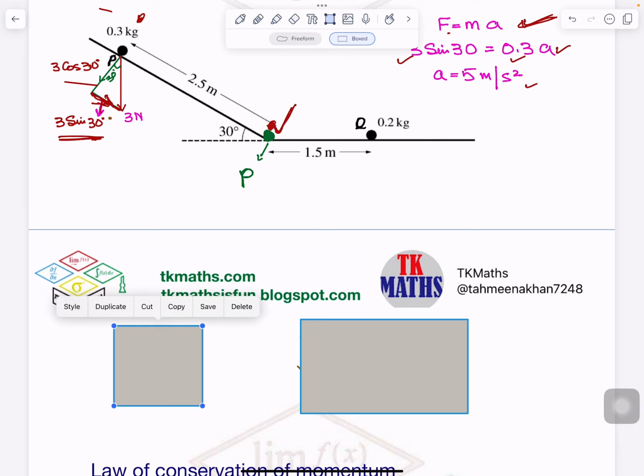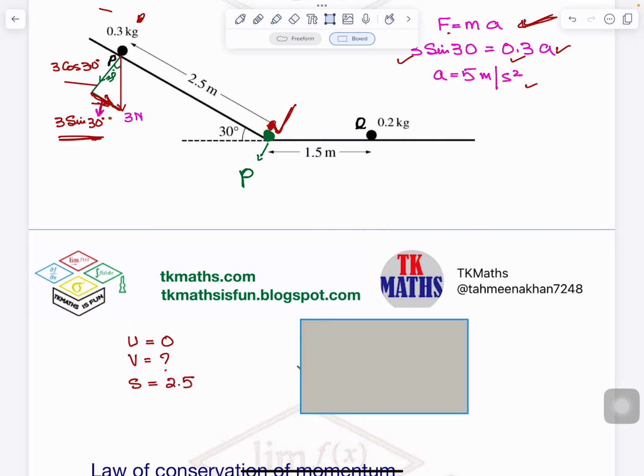Do you remember that? Right now I have the information. Initial velocity is 0, because it was at rest. Final velocity I have to find out. Distance is 2.5 and acceleration we have just found is 5 meter per second square, right?